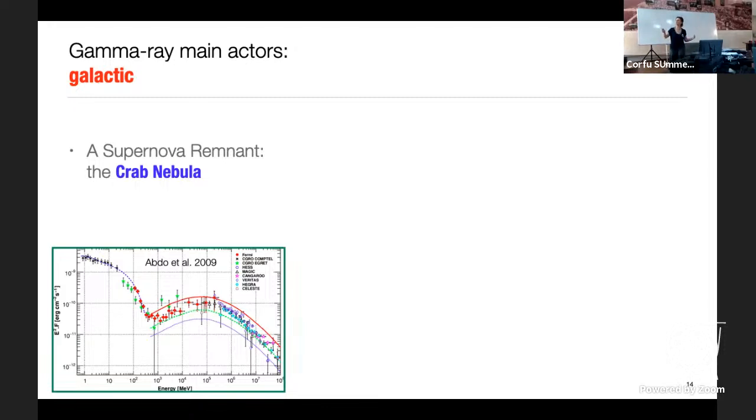So when you see these plots, you see two bumps, for example, one at low energies and one at high energies. This is telling you that, let's suppose they are at the same level, at low energies and at high energies you are emitting the same amount of energy. But the number of photons released is extremely different. If you go to extremely high energies and you have the same level, it means that you have very few photons there.